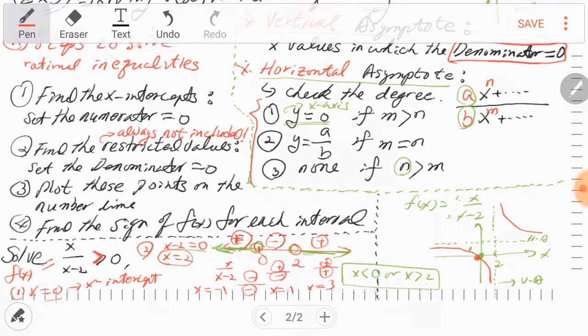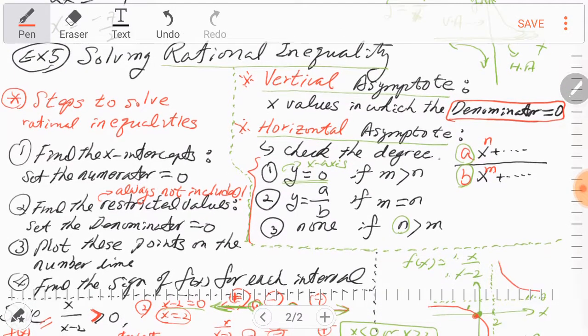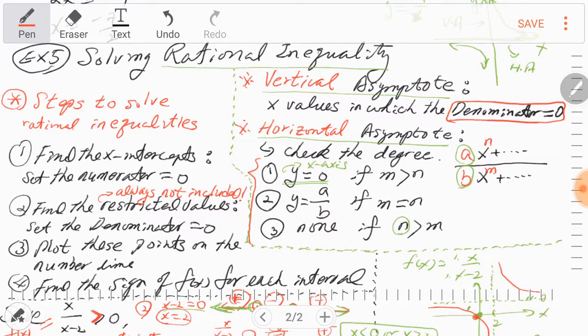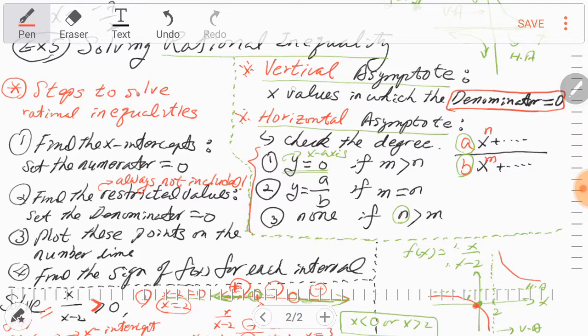So for a rational inequality, we have to find the vertical asymptote and horizontal asymptote. Vertical asymptote, again, please memorize this information. Set the denominator to 0. That's the vertical asymptote where the graph approaches. Okay, horizontal asymptote, compare the degrees. If the degree of the denominator is greater, just like 1 over x, then the horizontal asymptote is the x-axis, y equals 0.